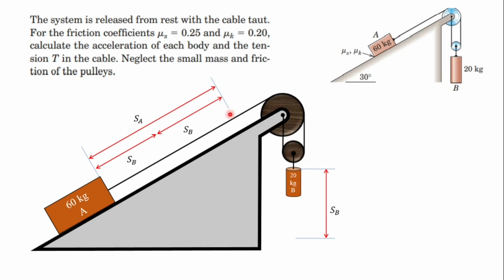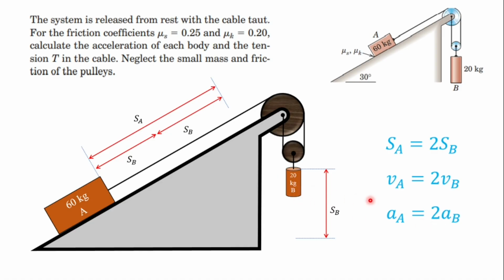So from the constrained motion principle, if the cylinder moves a distance SB, the block will move double that distance, and the velocity and acceleration follow the same relation. That means the distance of A is 2 times the distance of B, the velocity of A is 2 times the velocity of B, and the acceleration of A is also double the acceleration of the cylinder.